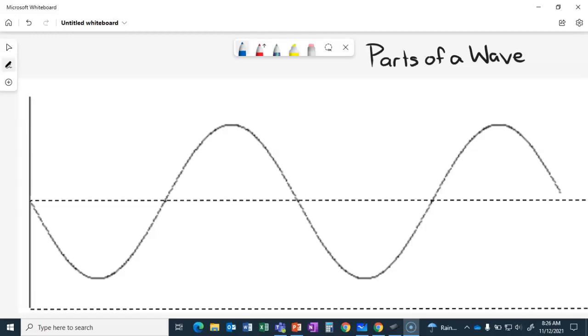However, we are going to talk about the fact that ocean waves have a lot in common with other kinds of waves, like sound waves or light waves, microwaves. And no, I'm not talking about a microwave oven, but a microwave oven uses microwaves to cook your food. So microwaves are a type of wave.